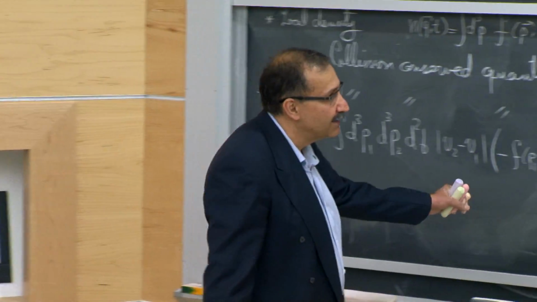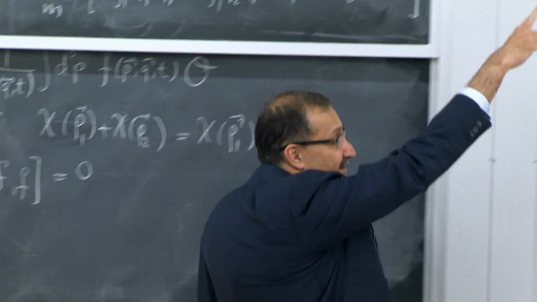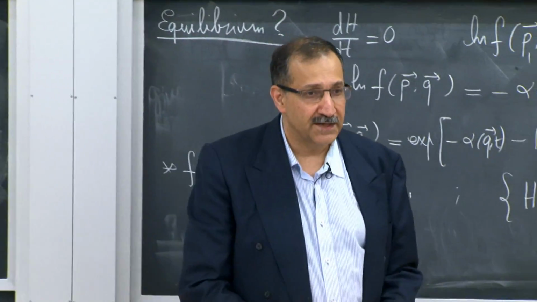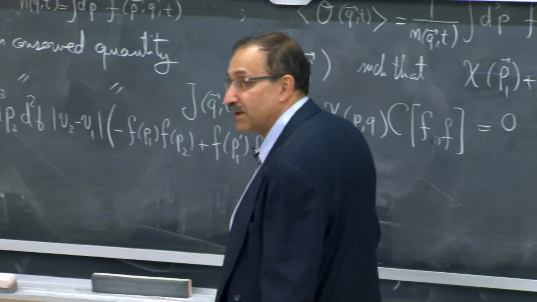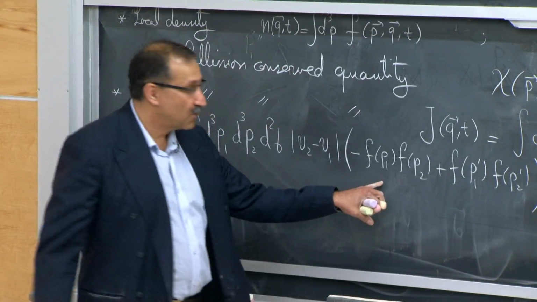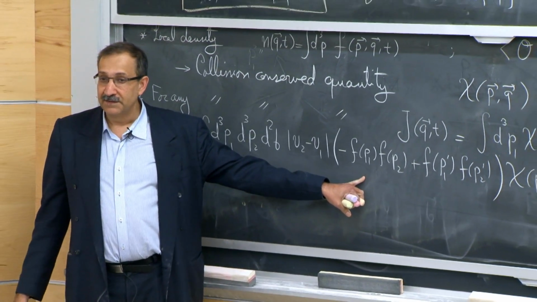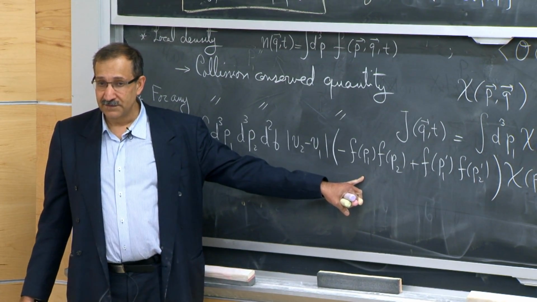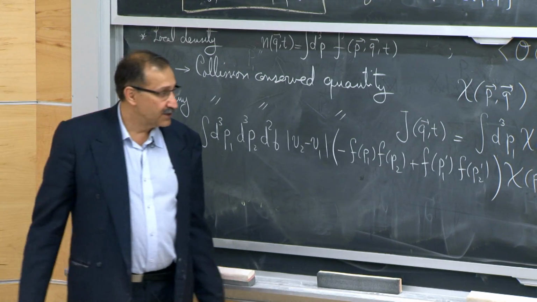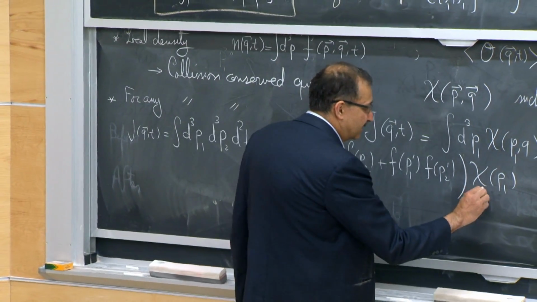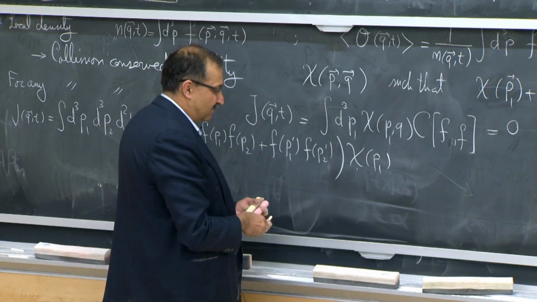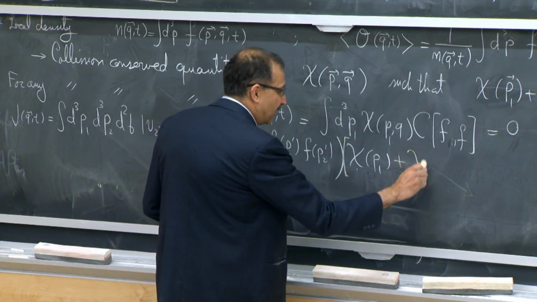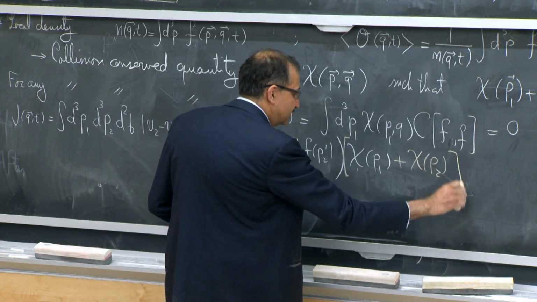So then I will follow exactly the steps that we had in the proof of the H theorem. I have some function that only depends on one of 4 momenta that are appearing here, and I want to symmetrize it. So I change the index 1 to 2, so this becomes 1/2 of chi of P1 plus chi of P2.